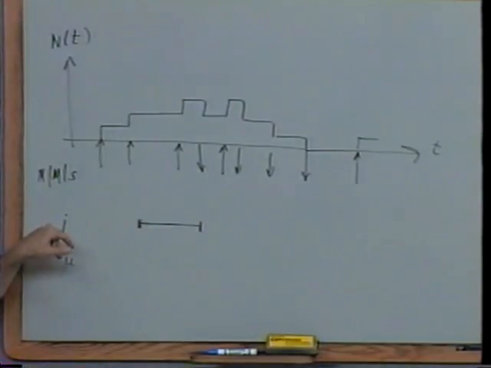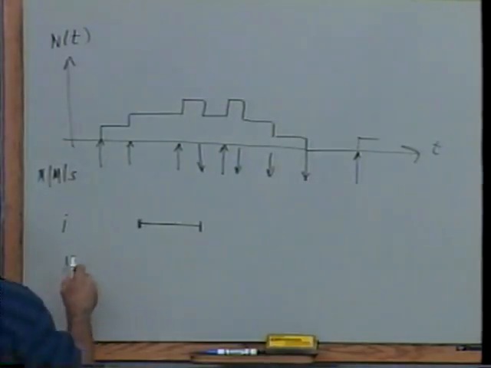If J is less than S, there are J customers in progress. But in any event, the number of customers in progress, each of those customers has an exponential time. So the time until the first customer completes service is the minimum of those exponentials, and therefore that time is exponentially distributed with the rate equal to the sum of the rates.